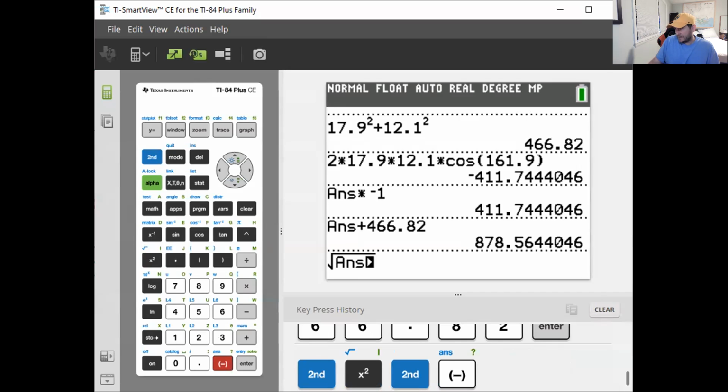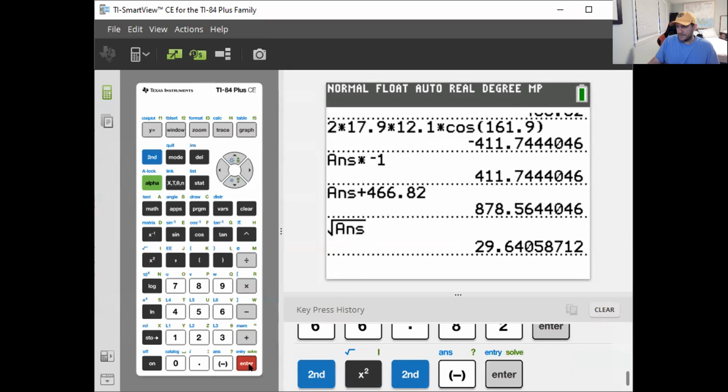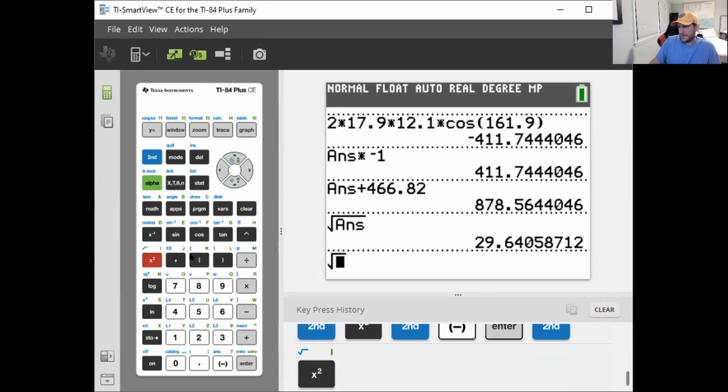This thing extends much further in the calculator's memory, so you're getting a much more precise answer when you do this. So make sure you do that. 29.641 is going to be the answer. I'm writing that down. You can't see me doing it, but I am doing it. 29.641.